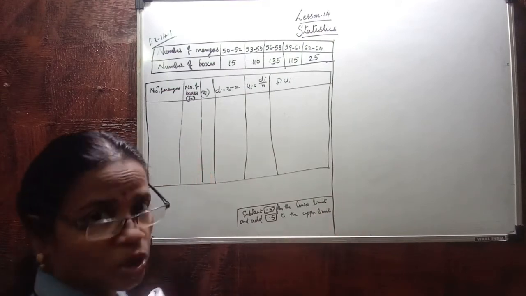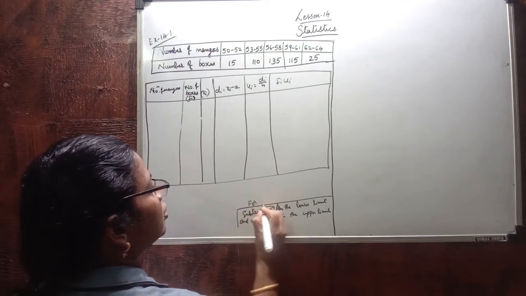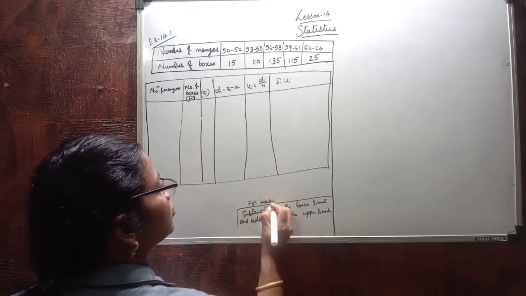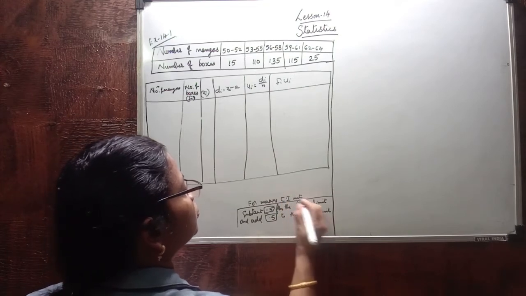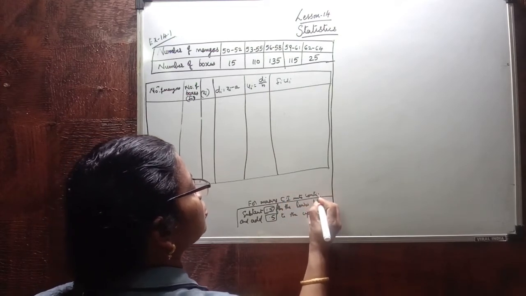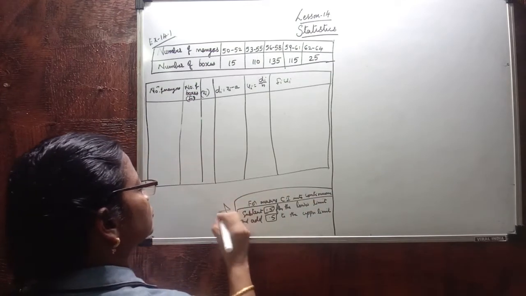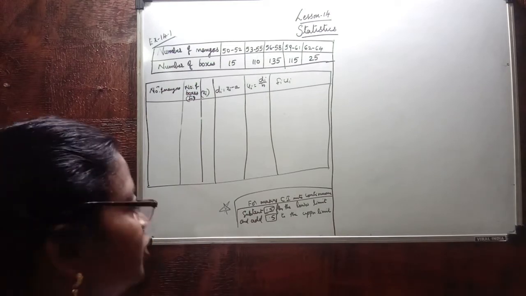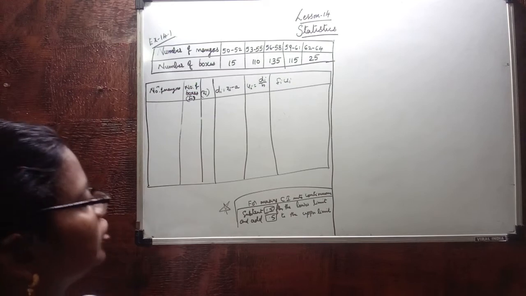This is a rule you have to follow before making the class interval continuous. This is very important. Okay, so you'll do like this: 0.5 from the lower limit.